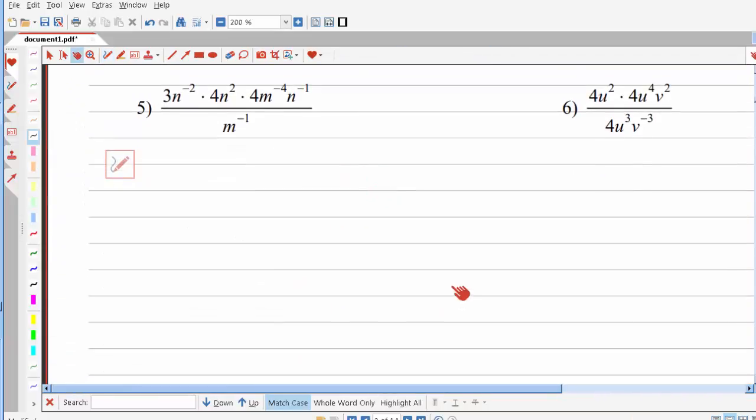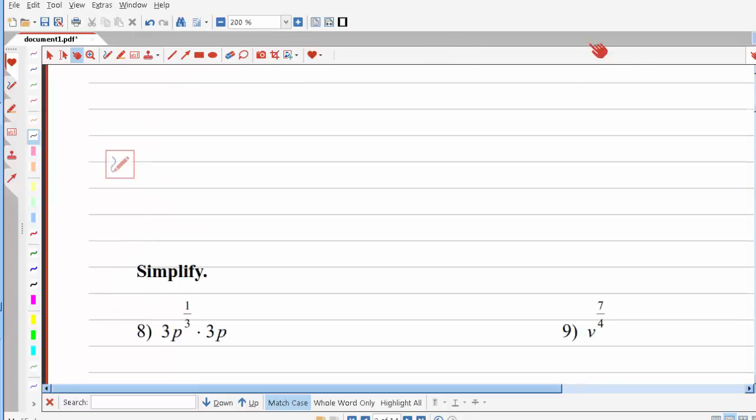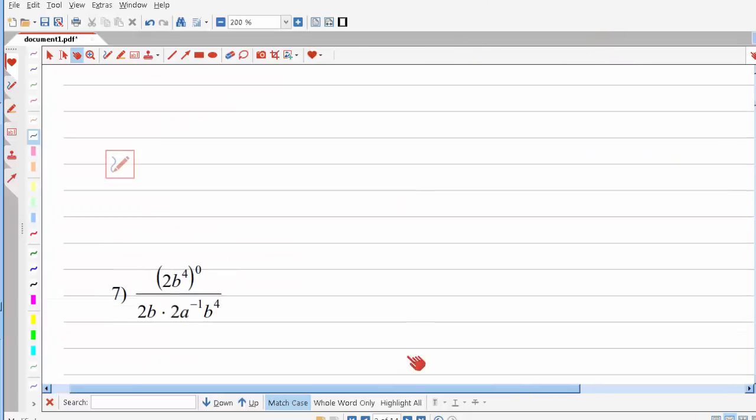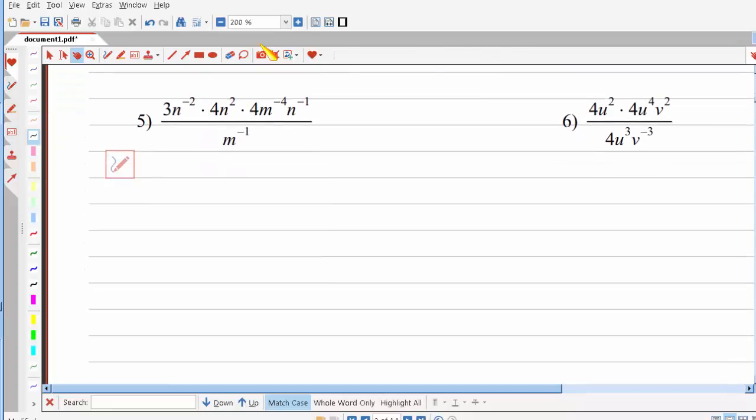Okay, so 5 and 6 are getting a little more complicated. So let's see, I'm going to multiply 3, 4, and 4 together and get 48. And that'll make things look a little simpler. Then I'm going to handle negative exponents.